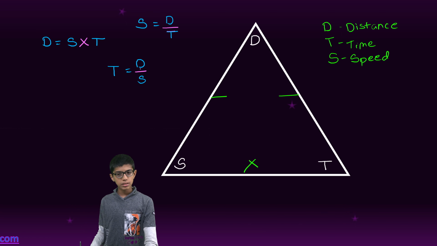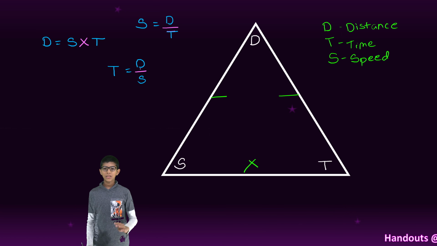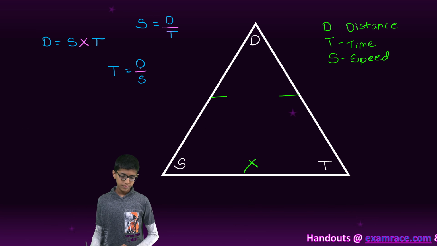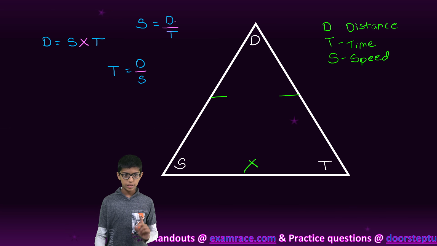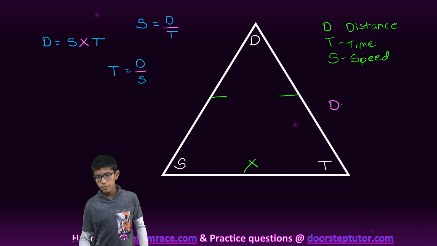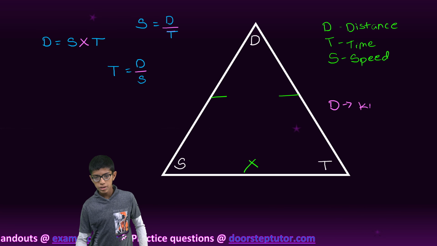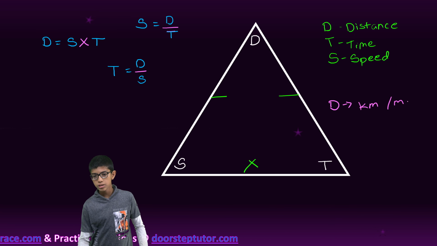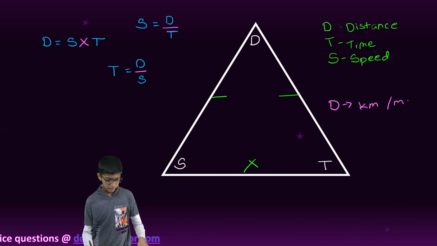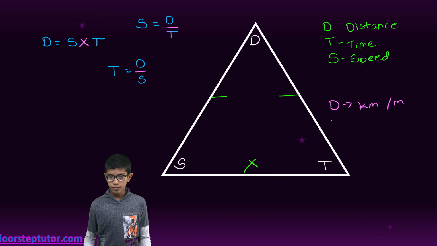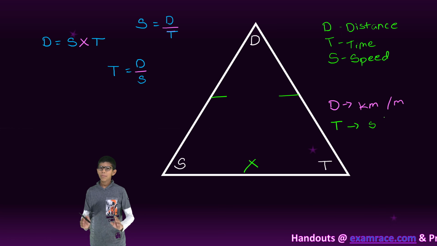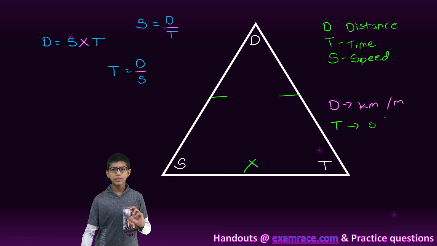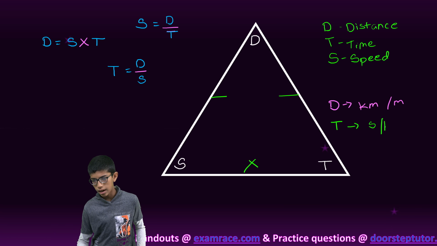Now the next thing is we can mention speed in 2 basic units. Which are these? Yes, you are correct. We use kilometers or meters for distance usually, and for time we use seconds. The basic unit is seconds and the other unit is hour.